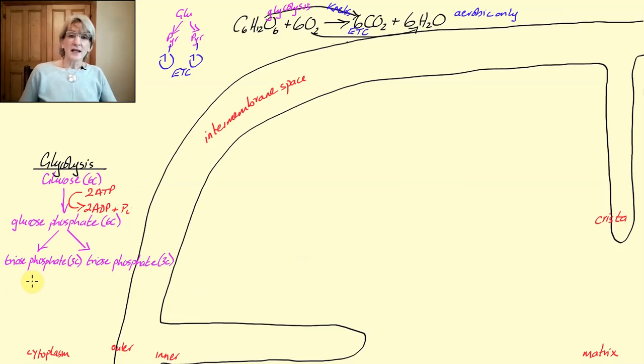And then each of these triose phosphates are then oxidized into pyruvate. And one way that we know that they are oxidized is because during this reaction from triose phosphate to pyruvate, NAD is reduced to NADH.